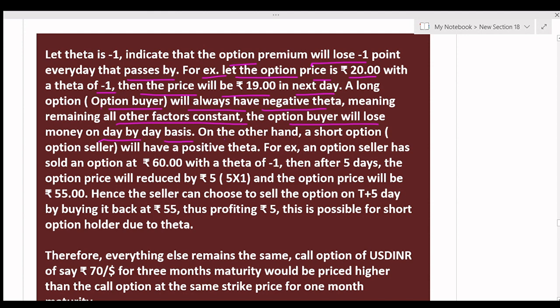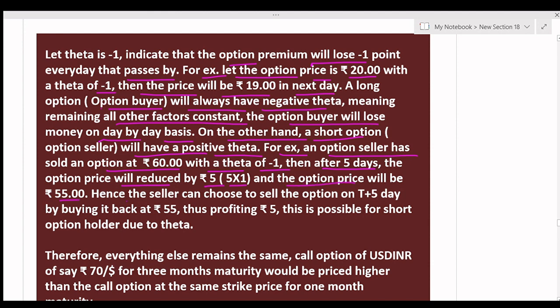On the other hand, a short option seller will have a positive theta. For example, an option seller has sold an option at ₹60 with a theta of -1. After 5 days, the option price will reduce by ₹5, that is 5 into 1, and the option price will be ₹55.